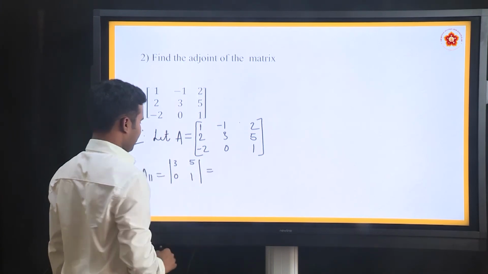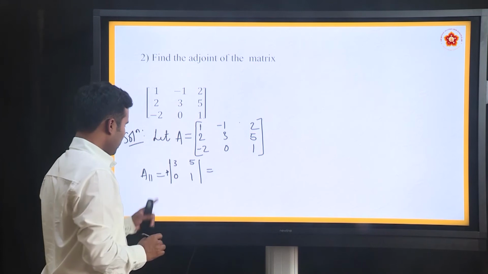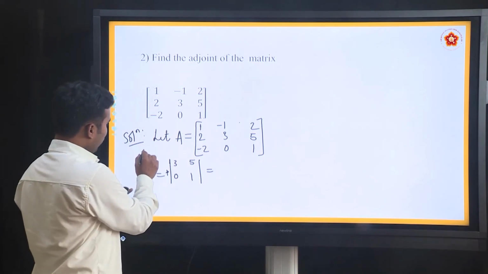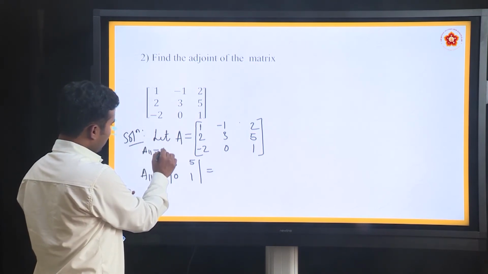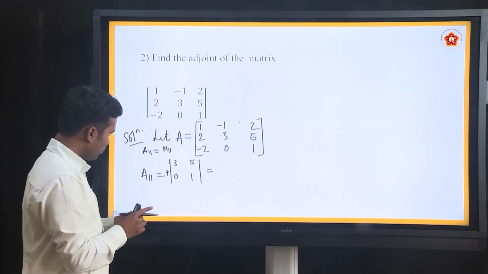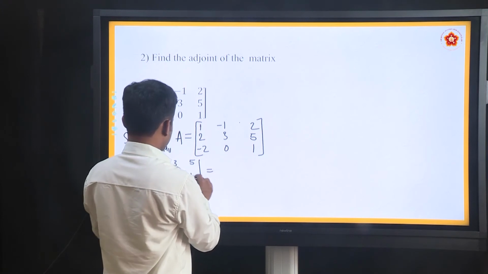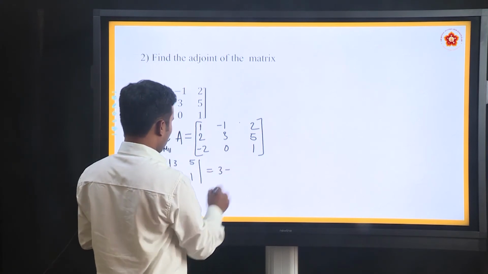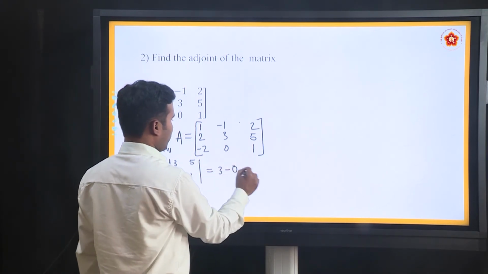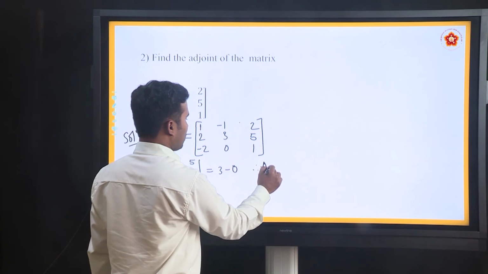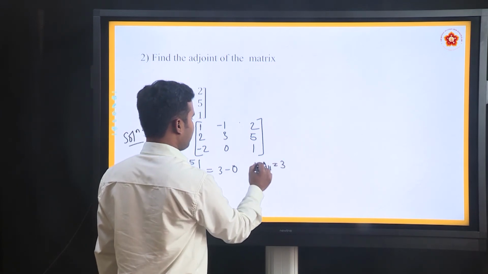This is plus, because I am writing plus as A11 is nothing but plus M11. That's why I told you to remember this. Okay. So now, 3 into 1 is 3, minus 5 into 0 is 0. Therefore, A11 is 3.